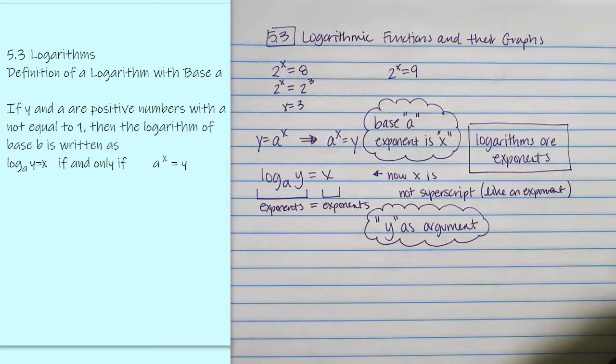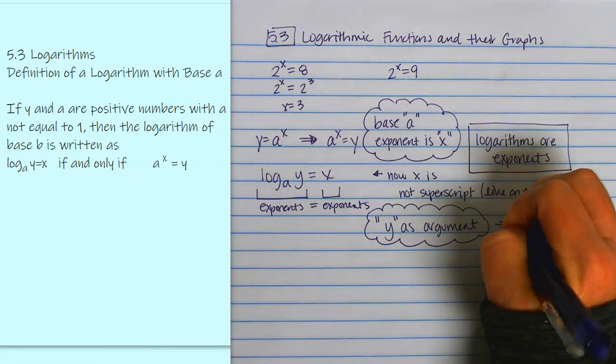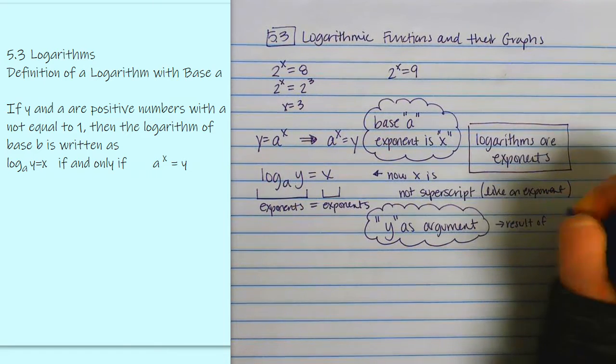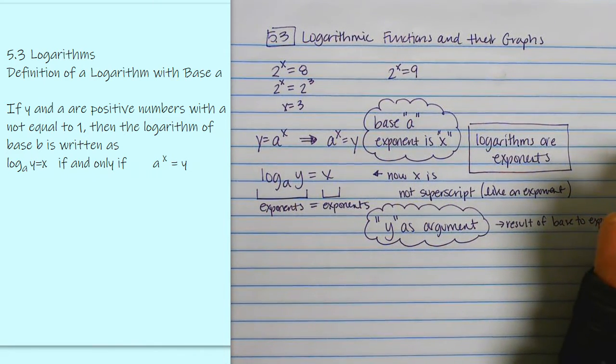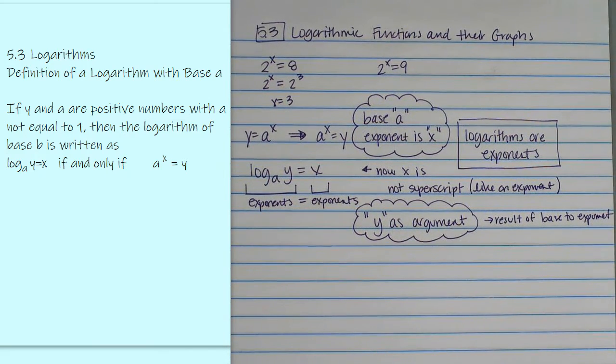Not exactly sure where that name came from, but it is the result of the base to the exponent. So it's kind of circular definition speak there, but when I call the argument something, I want you to know what that is. So what we're going to do first with logarithms is I want to rewrite some, and then I'm going to show you the graphs and show you how these are inverses of each other.